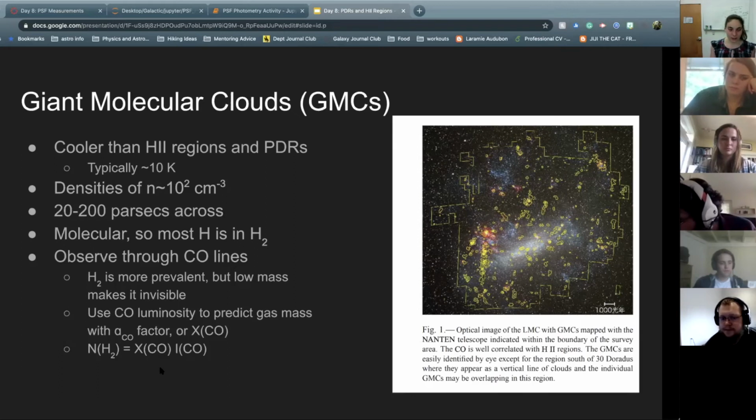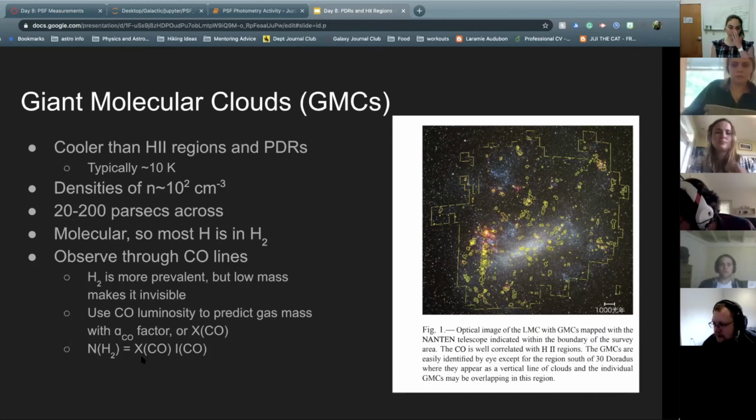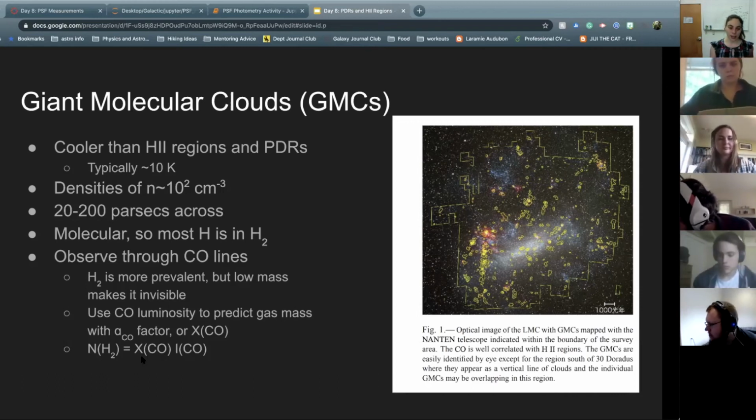That is a whole field of research that I am not a part of, but you should know there's a huge debate going on about how to refine it and better measure it so we can actually get molecular hydrogen gas masses for galaxies, both in the local universe and in the high redshift universe.